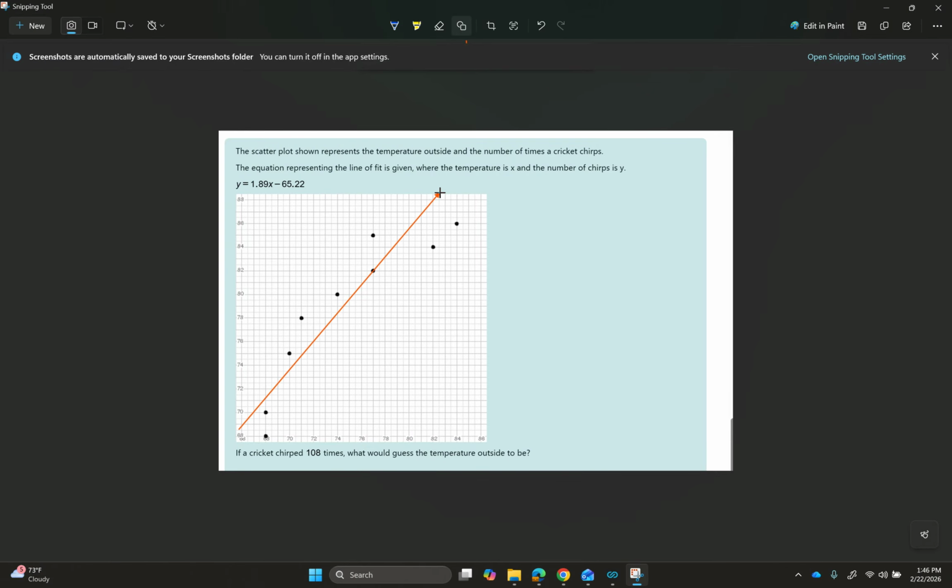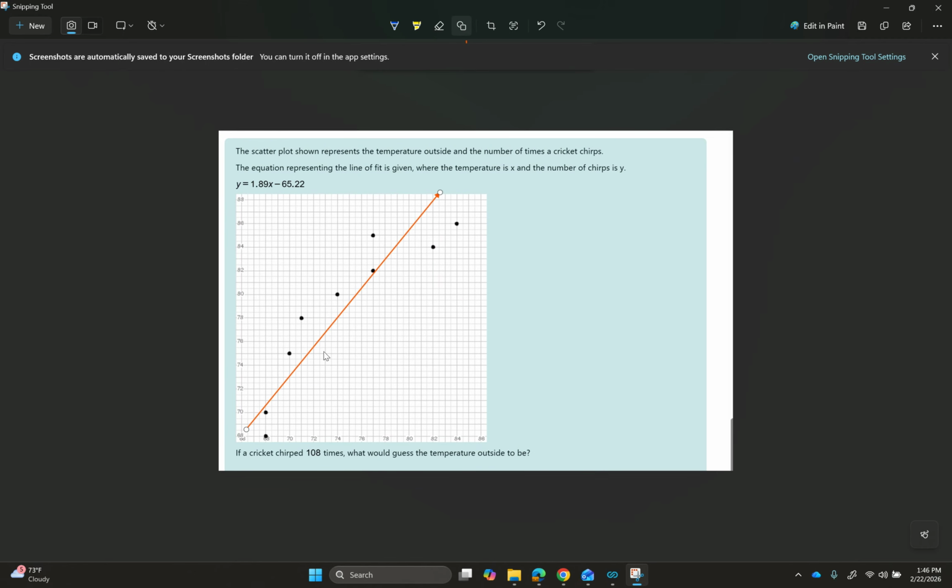So it's using the eyeball method. I want to make sure that half of the points are above the line and half of them are below the line. So I have 1, 2, 3, 4, 5, 6, 7, 8, 9 dots. Okay.